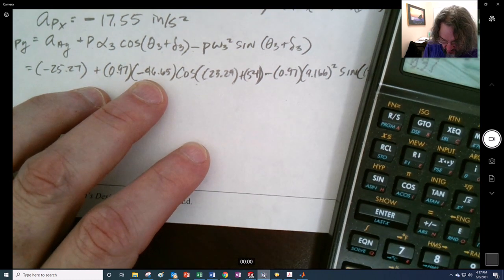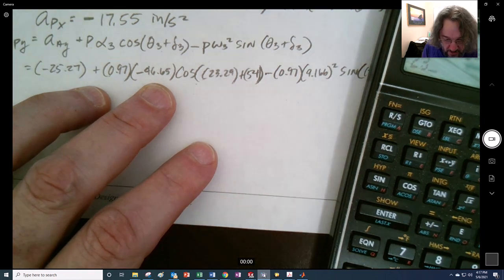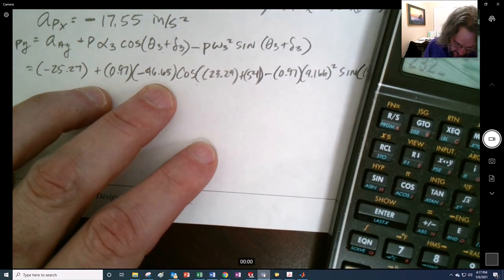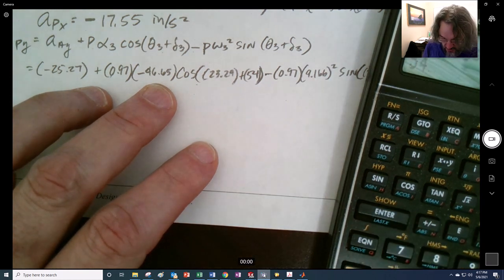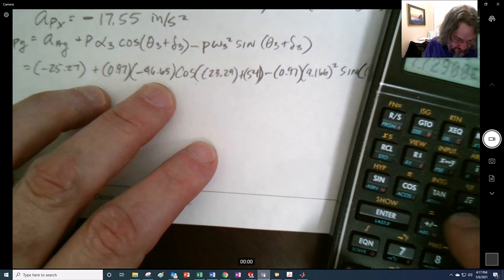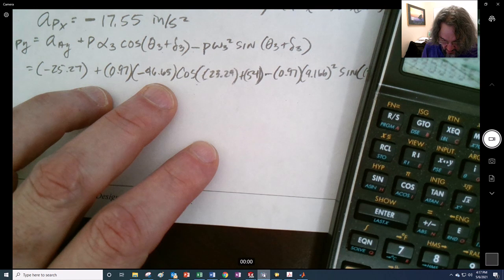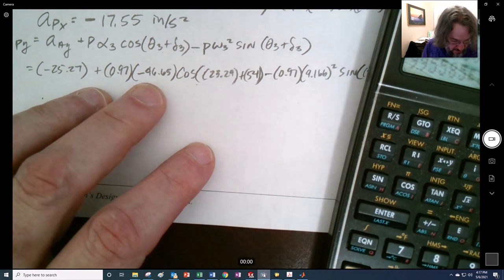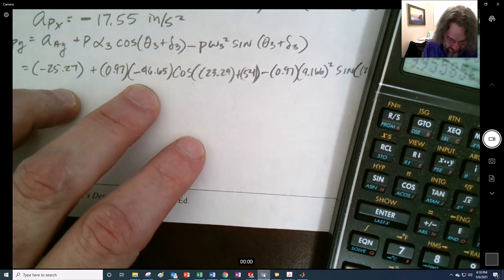Okay. Times, and then 23 point, lost it, was that 29 and 54? Should probably just add those together and write that down somewhere so we don't have to type. Okay. And I think I got that right, and then I'm going to subtract that away.